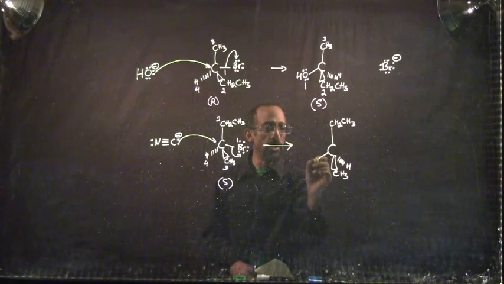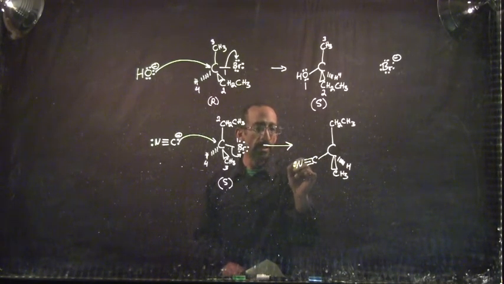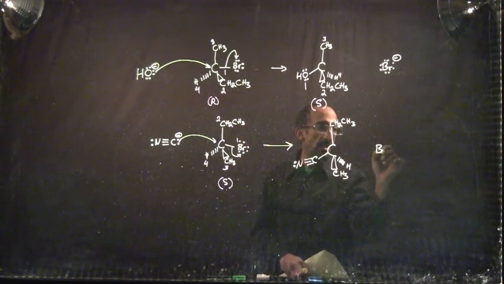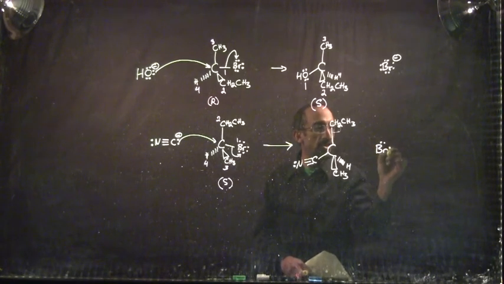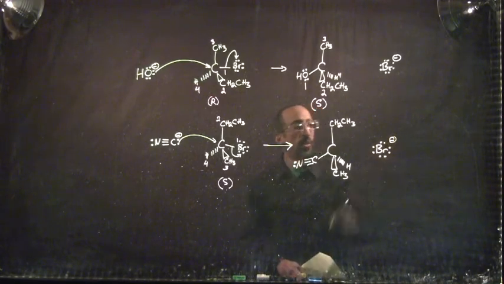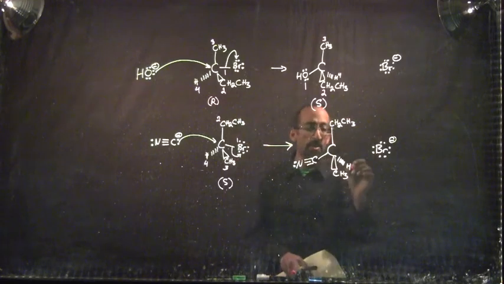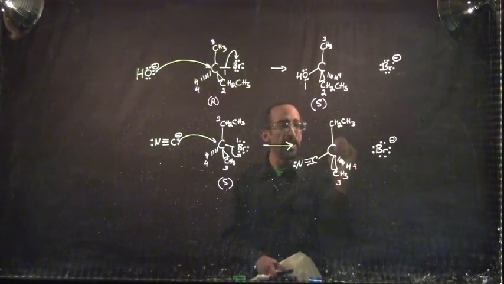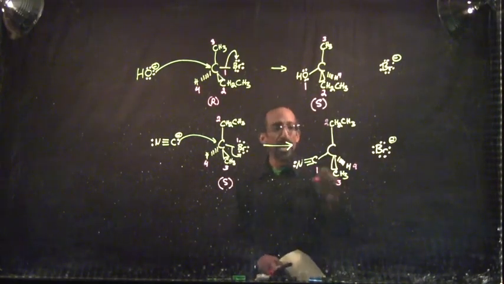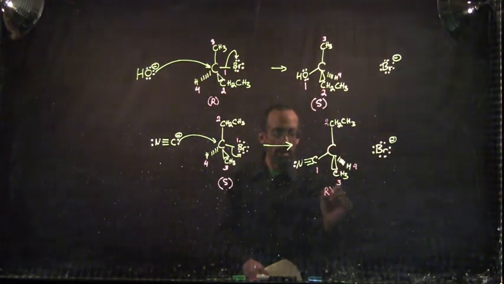And now my new group, now that my cyanide is attached, goes to this side. And no mechanism is complete unless it shows the fate of all atoms. So I make sure to include my leaving group with a negative charge. All right, so setting the stereocenter now in our product: 4, 3, 2, 1. 1 to 2 to 3, I'm moving in a clockwise direction. This stereocenter is R.